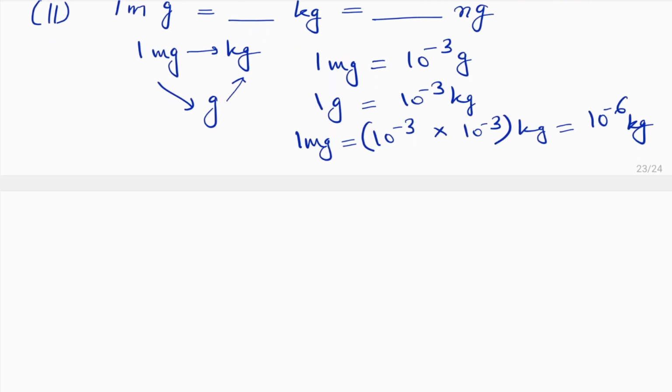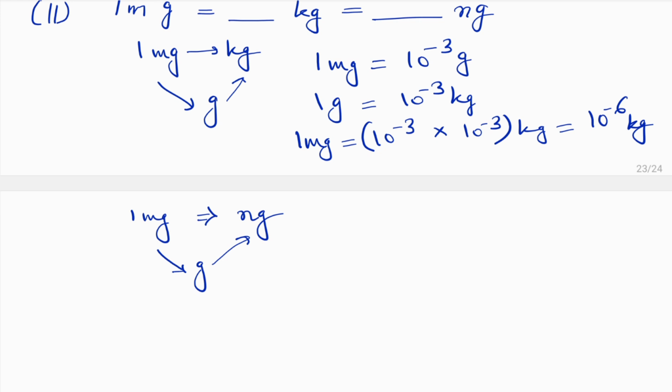Next was 1 milligram to nanogram. Alright, so over here we are going to once again convert milligram into gram and gram into nanogram, like we did in the earlier part.